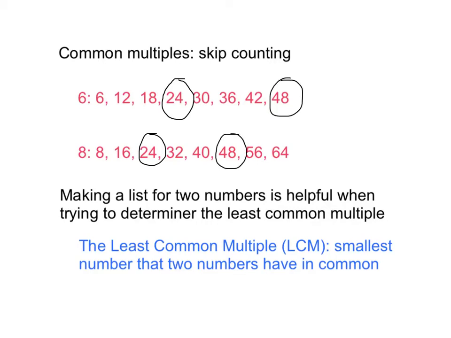However, my least common multiple, which is also known as the LCM, would be the smallest multiple that both of these numbers, 6 and 8, have in common. And in this case, the answer is going to be 24. Therefore, the least common multiple of 6 and 8 is 24.